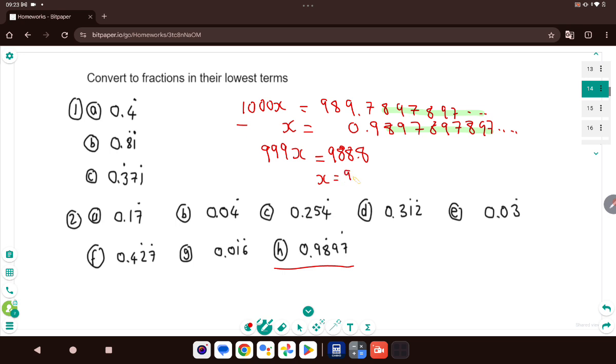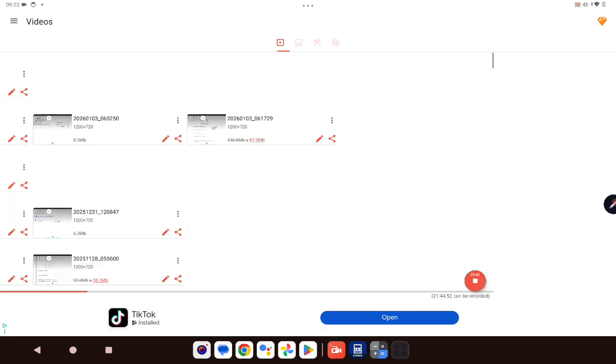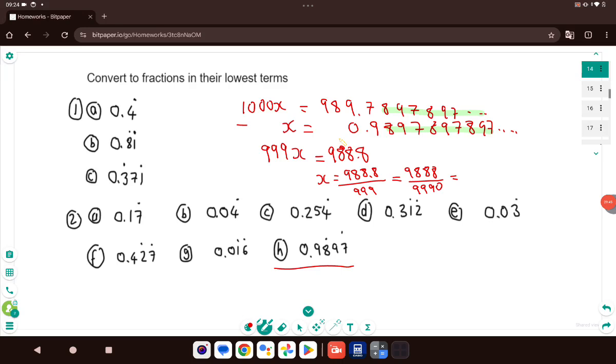Make x the subject, times numerator and denominator by 10. And it simplifies to 1,648 over 1,665.